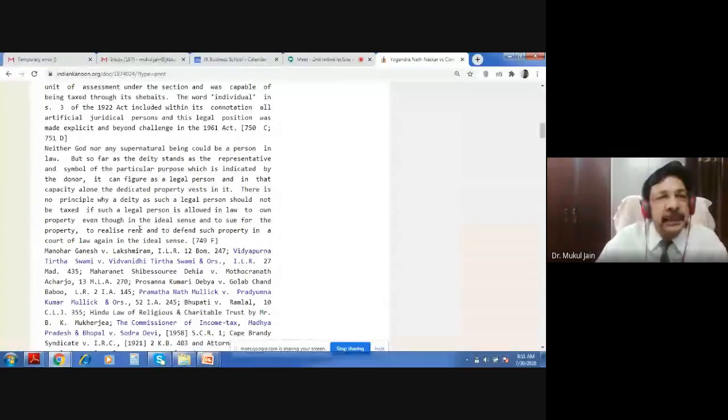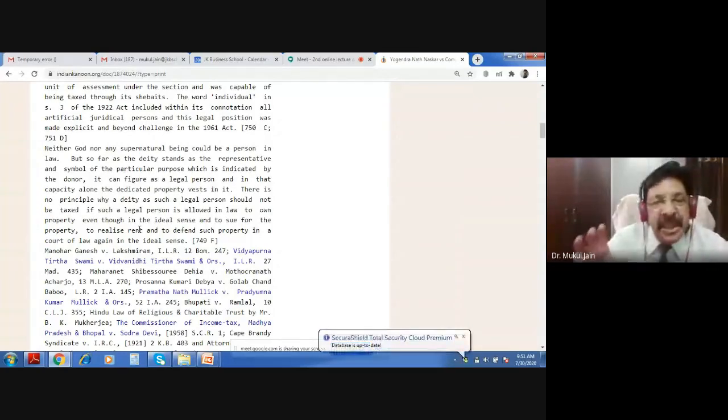So nobody has the right. Even if you have set up the temple, if you have created an artificial juridical person in the name of, say, Lord Krishna, that temple's money is in his name, so nobody can take it.